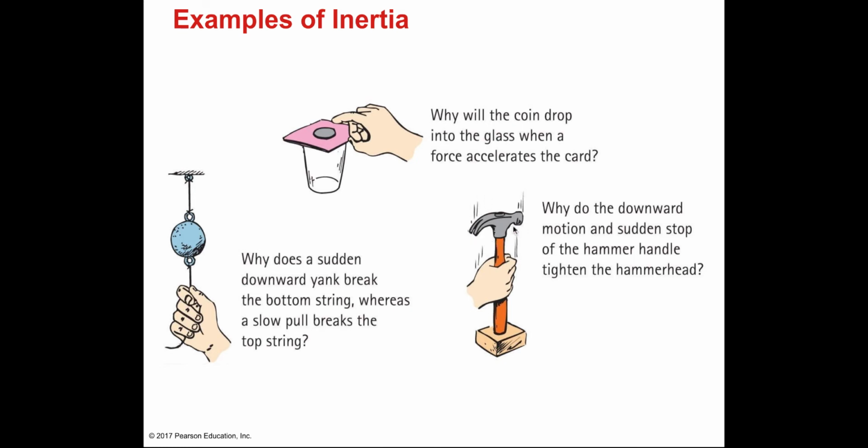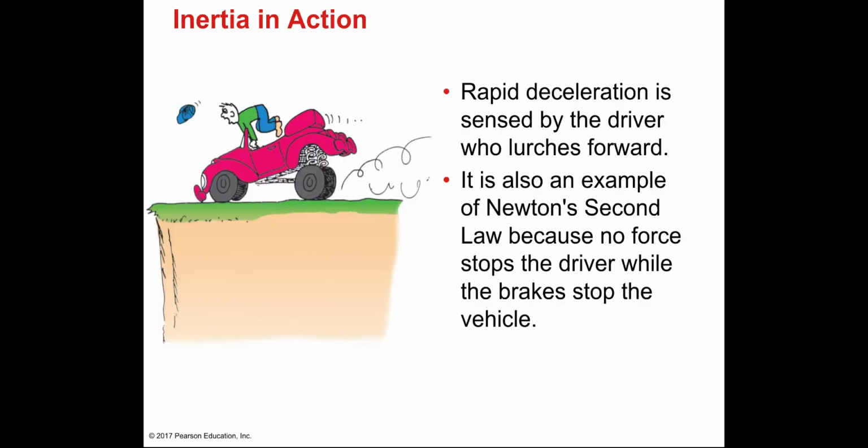It has weight, which has a tendency to go down, so when you hit, the weight and the force you applied help to tighten the hammer head. Why does a sudden downward yank break the bottom string, whereas a slow pull breaks the top string? Again, this is inertia.